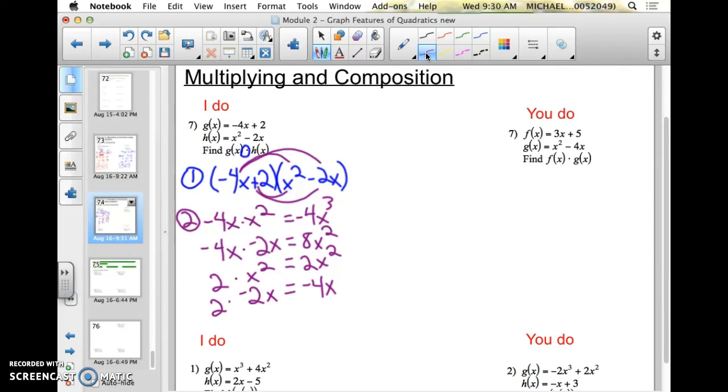I am almost done. I just have to combine like terms, and again, like terms are determined by the common powers. So in this case, the x squareds are the like terms. So that becomes 8x squared plus 2x squared, which is 10x squared.